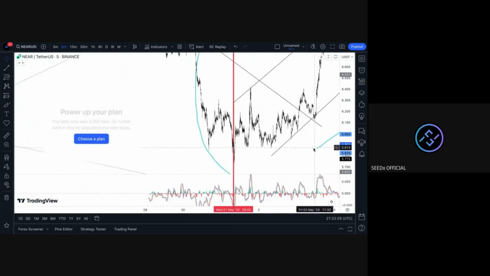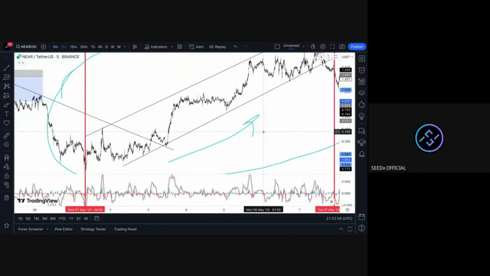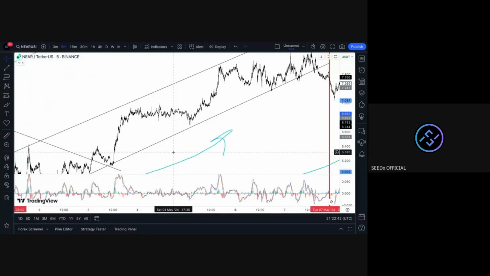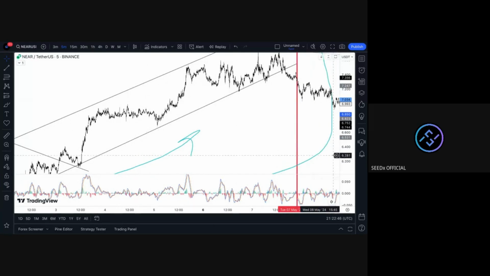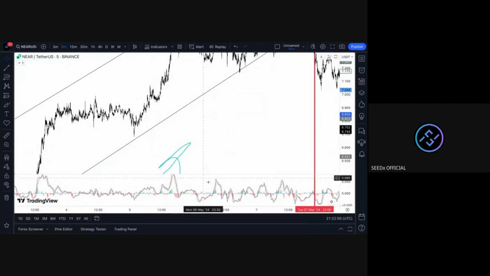Now we know that this is an uptrend. We are still going to do some analysis even after zooming in. Now let me find the perfect example.